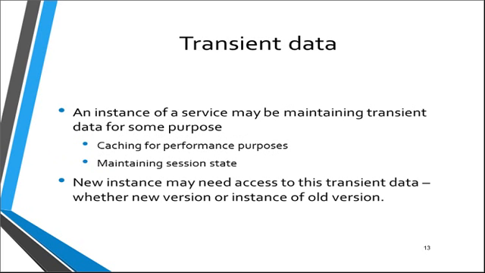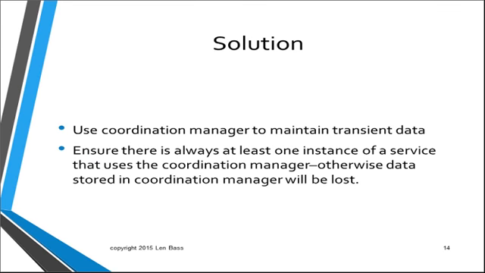What about transient data? You may have transient data within an instance of a service. You may be caching for performance reasons. You may be maintaining system state. And if you get a new instance, you need access to this transient data, whether a new version or even a new instance of an old version. So you use, again, the coordination manager. This is the type of problem that Zookeeper or Consul were designed to solve.